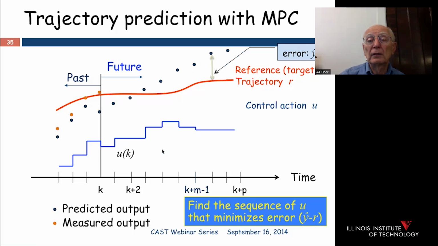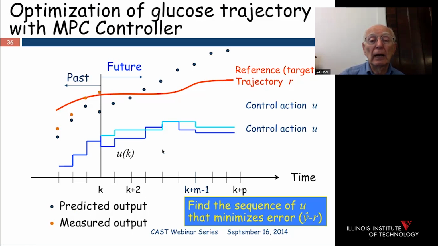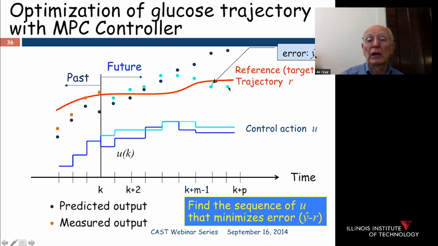And if these errors are more than acceptable, then one can go back and prescribe another set of control actions, compute the new future glucose profile, check the errors, and ultimately optimize this sequence of control signals and implement only the first one to repeat the same thing again at the next sampling time.